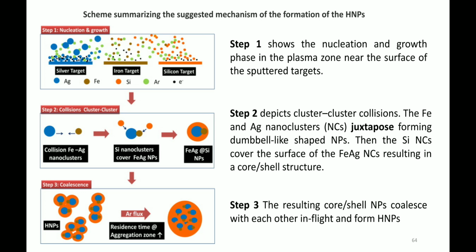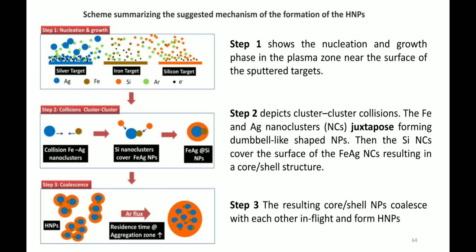So second point is that not only silver atoms form the nanoclusters, the iron atoms come together, they also form iron nanoclusters. So you have nanoclusters of silver, nanoclusters of iron, and nanoclusters of silicon, in the vaporized state.